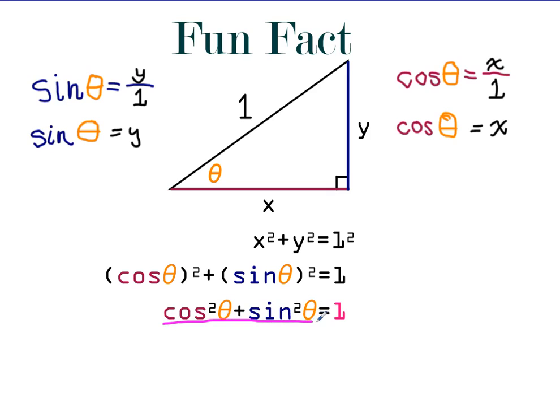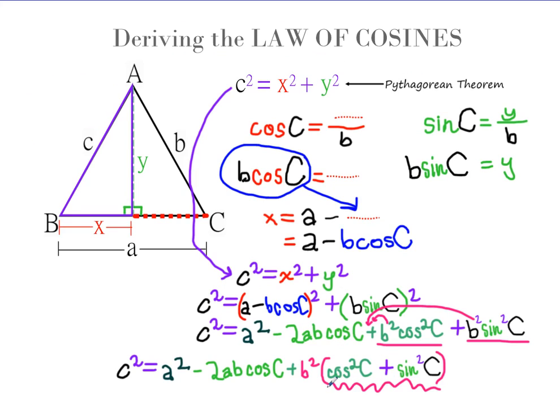We call it the Pythagorean identity of trigonometry, and that is that cosine squared of any angle plus sine squared of the same angle is always going to equal 1, okay? So that means that this whole expression that we have down here that I've underlined is just equal to 1. And there we have it, the law of cosines.